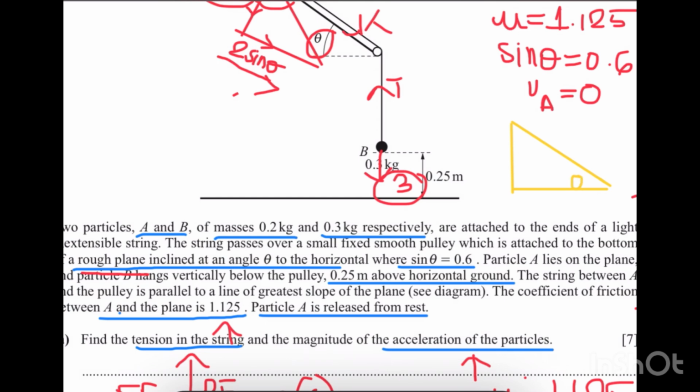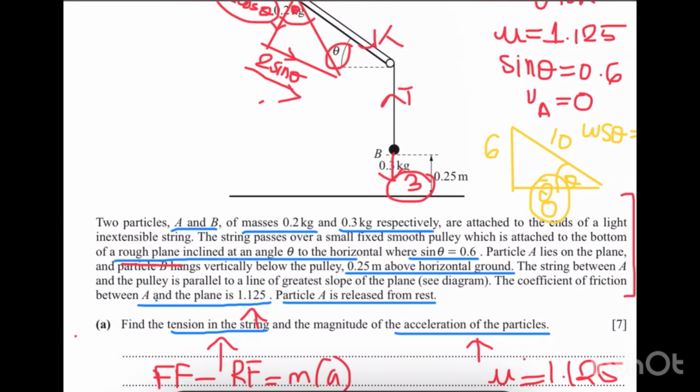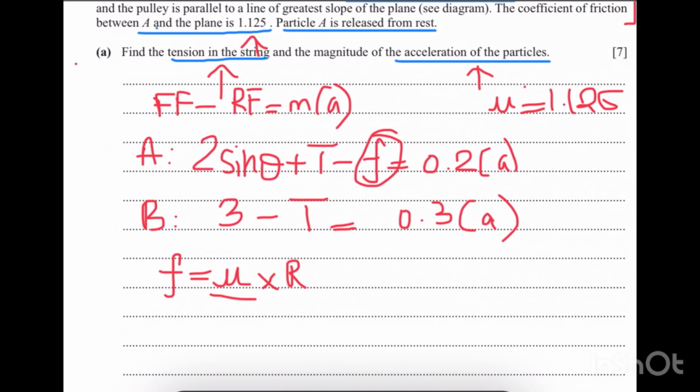And let's say the angle inside is theta. So the perpendicular will be 6 and the hypotenuse will be 10. Using the Pythagoras theorem, we can say that the base is 8. And we know that cos theta is equal to the base over the hypotenuse. So the base is 8 and the hypotenuse is 10. So cos theta must be equal to 8 divided by 10, which is 0.8.